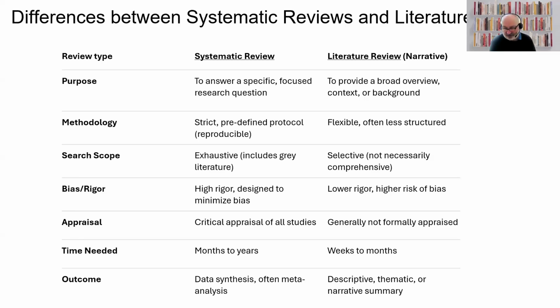One of the big differences is in the amount of time that a systematic review can take. A systematic review can easily take a year from start to finish. A literature review can take weeks or months. And in the outcome, there's a data synthesis in a systematic review, and it often leads to a meta-analysis, which is a statistical analysis of the information. A literature review is descriptive, thematic, or a narrative summary.